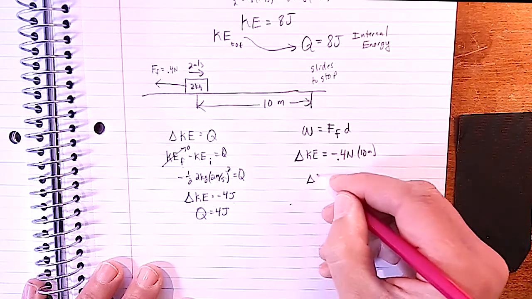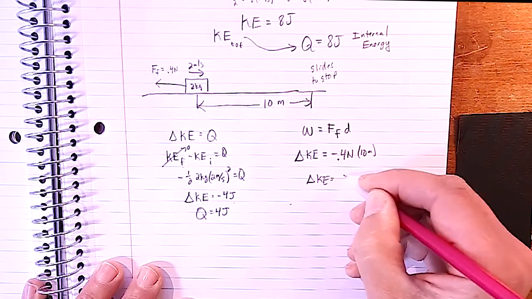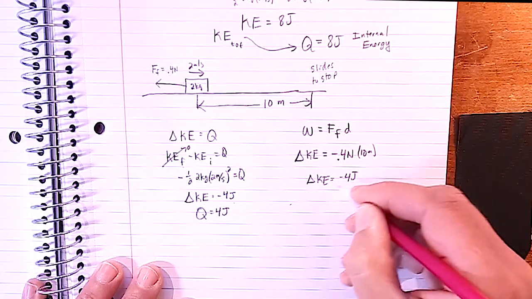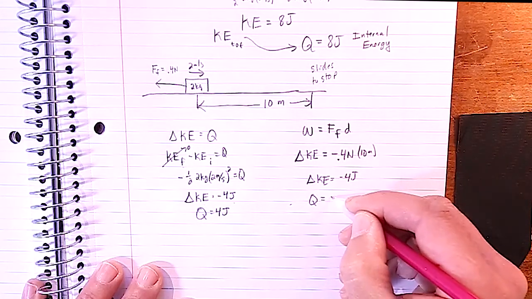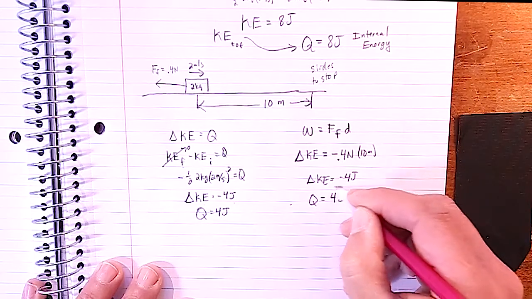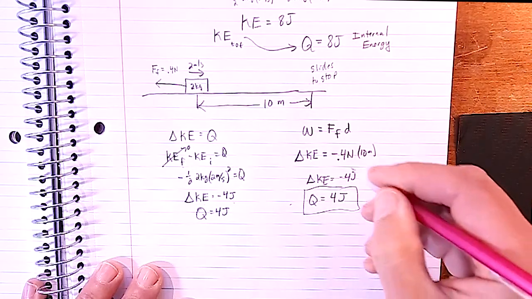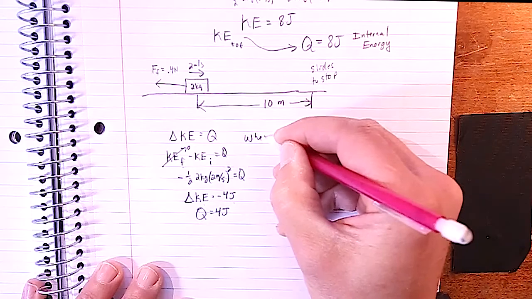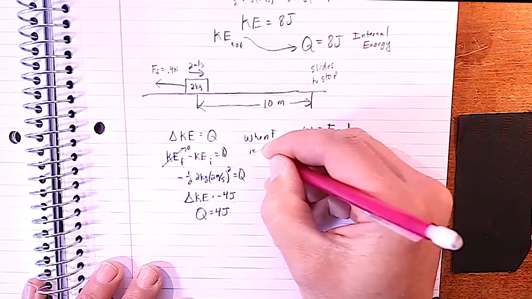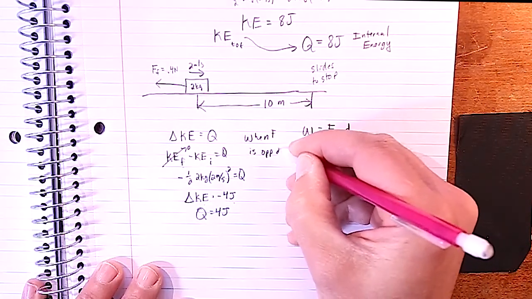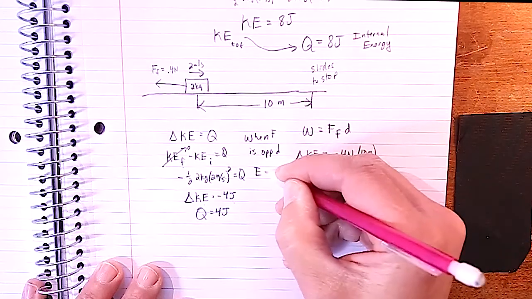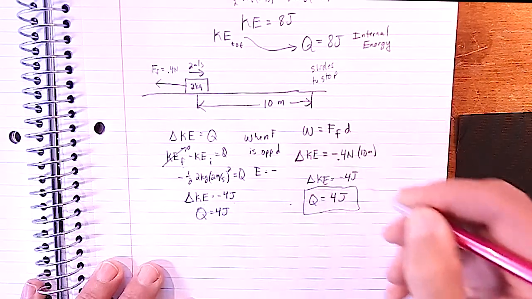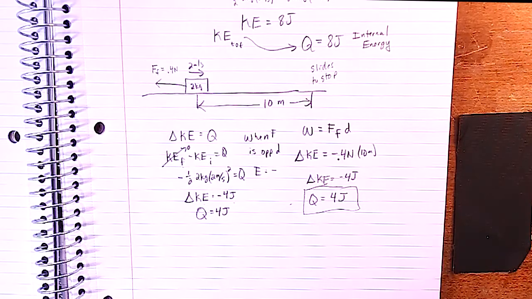And that would give us a change in kinetic energy of minus 4 joules. Or again, our Q would end up being a positive 4 joules. So when we have a force, when F is opposite the displacement, the energy ends up being negative, telling us that we lost that energy.